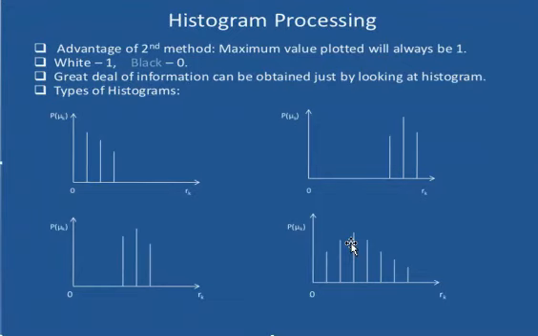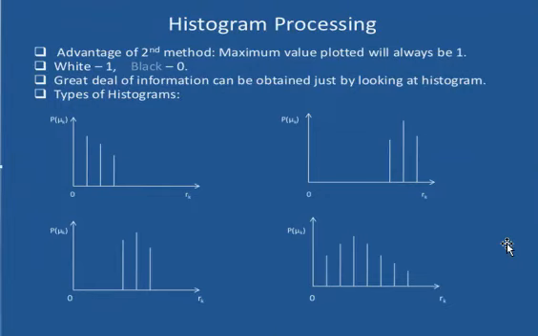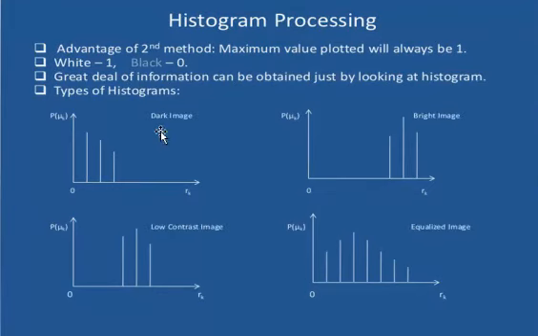So by observing the particular histogram, you can easily say what the nature of the image is. This is the dark image, this is the bright image, this is the low contrast image, and this is the equalized image or high contrast image. Every image should be converted from all these modes to this mode.